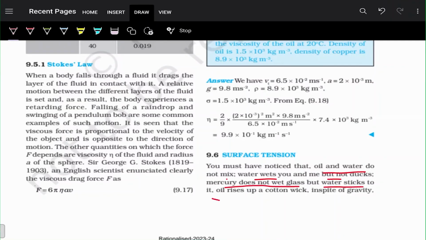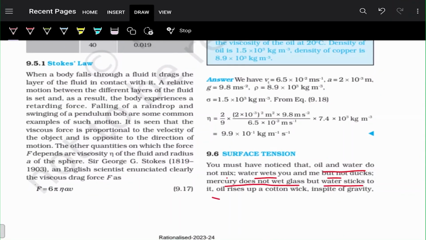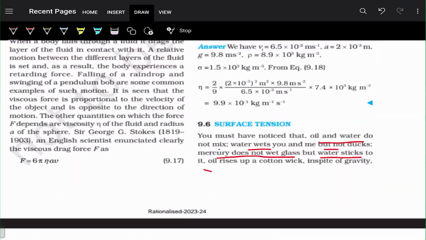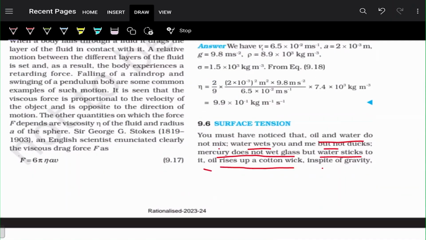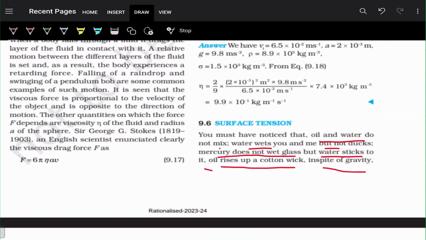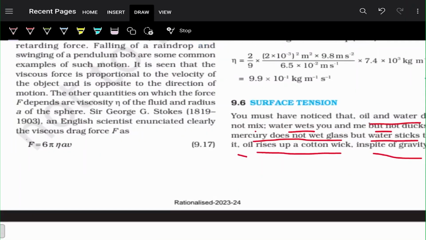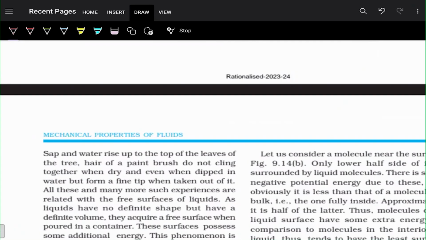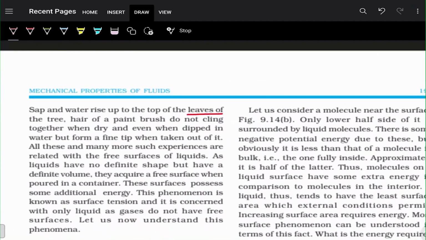Oil rises up a cotton wick in spite of gravity. Sap and water rise up to the top of the leaves of the tree. Hair of a paintbrush do not cling together when dry, and even when dipped in water, but form a fine tip when taken out of it.